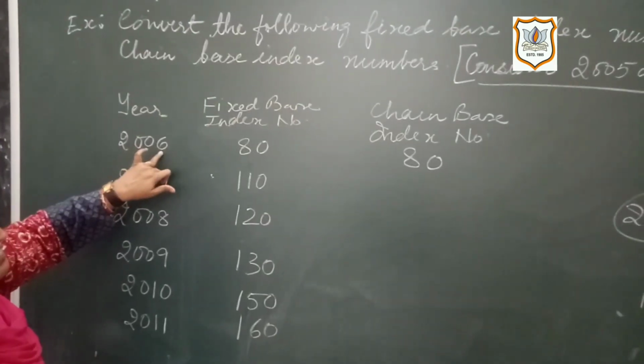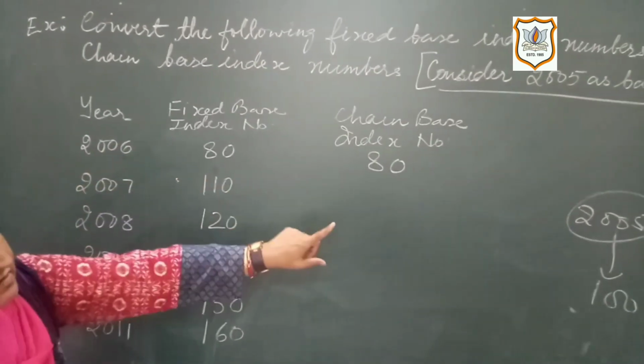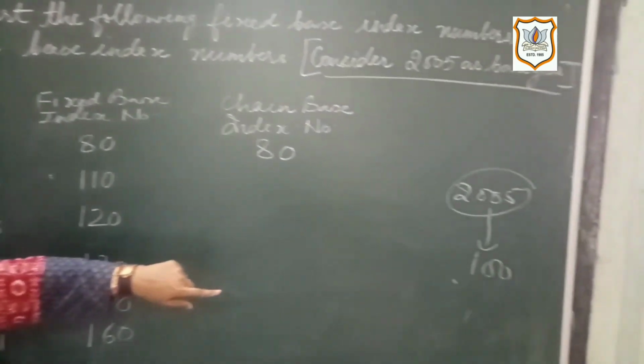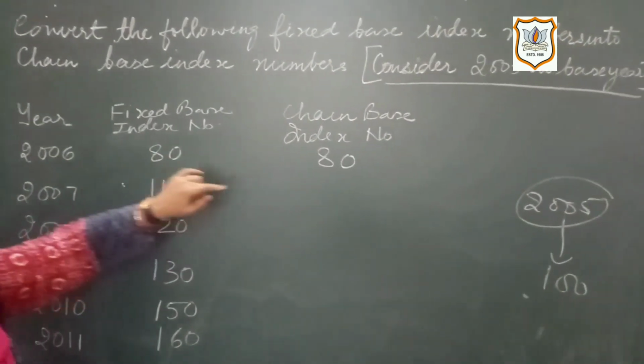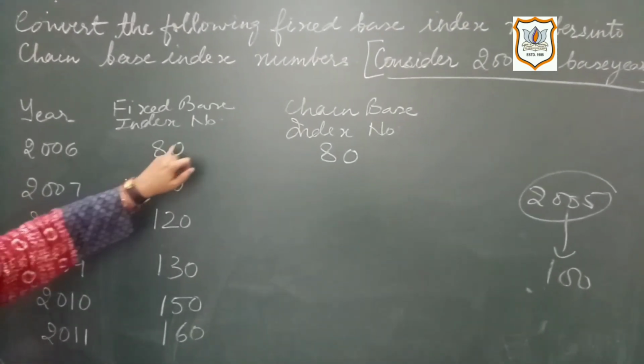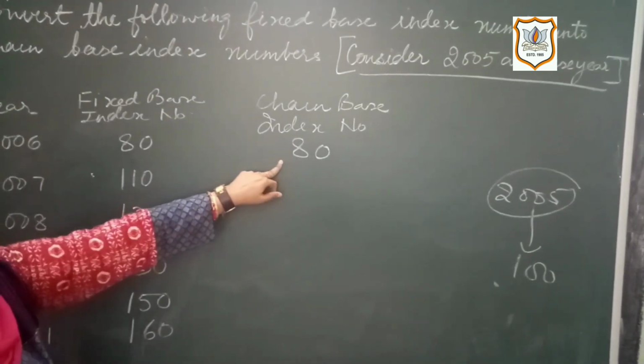Here, since it is 2006 and base year is 2005, so for 2005 the index number will be 100. But for this one we have to keep it as it is. That is, fixed base index number when you are converting into chain base number, 80 will remain as 80.